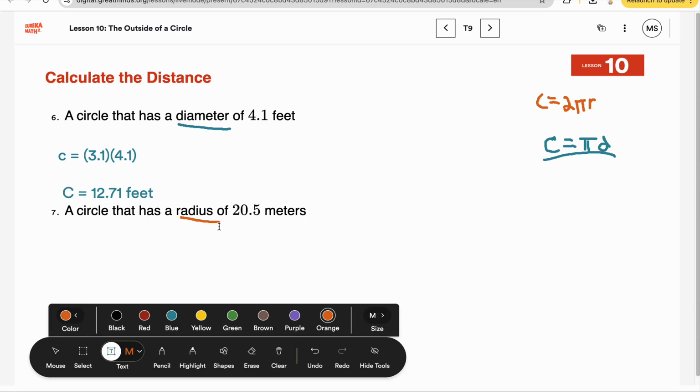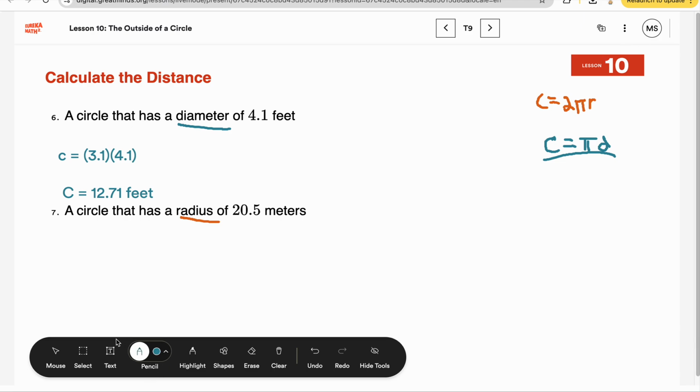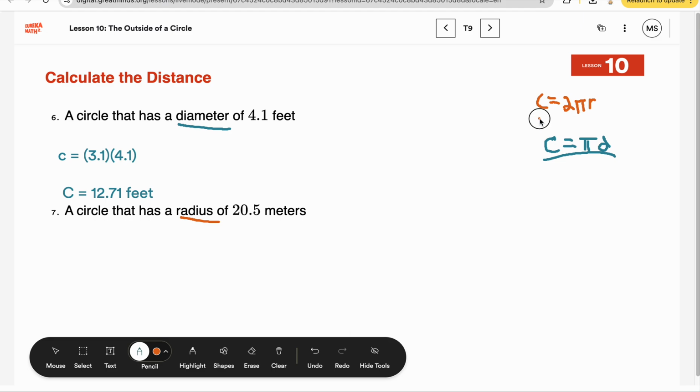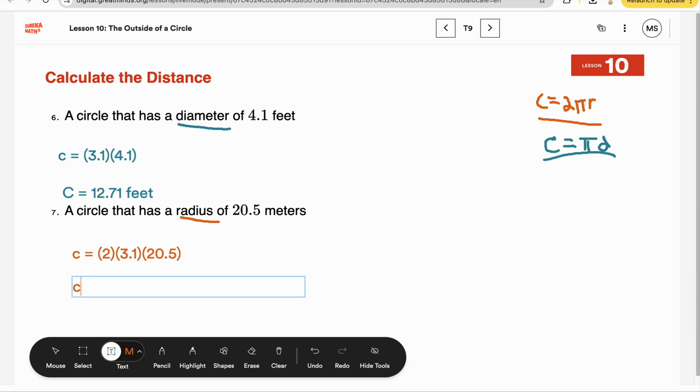Now switching over to problem number 7, we have a radius. So that means we are going to be using the formula at the top. Again, it just depends what you're being given. And these are just multiplication problems. So circumference equals 2 times pi, but instead of pi, we're going to use 3.1, times the radius, which in this case is 20.5. So we're going to start multiplying those numbers together.